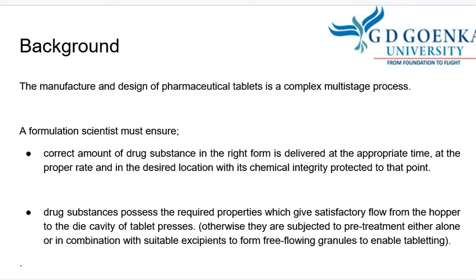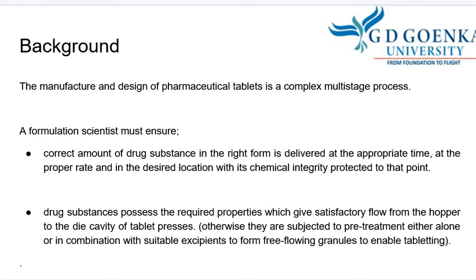The drug substance possesses the required properties which give satisfactory flow from the hopper to the die cavity of the tablet presses. If it does not have the desired flow properties, then it is subjected to a pre-treatment, either alone or in combination with suitable excipients, to form free-flowing granules to enable tableting.